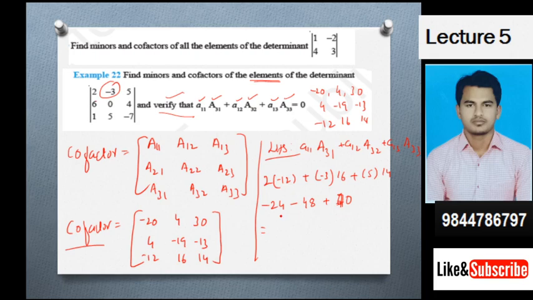Okay. Is it right? A31, A32 and A33. Okay, is it 14? Now 60, 68 and 72. I have made a little bit of a mistake. A33. See here, A33, what will come? Minus 18. Okay.